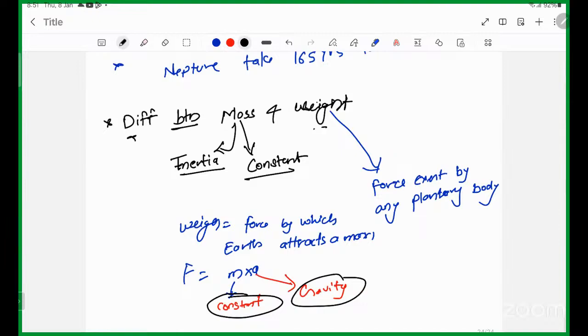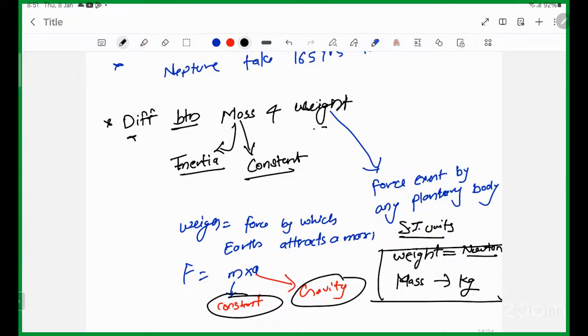The SI unit of weight is Newton, that is force. In case of mass, the SI unit is kg. So we need to remember this.